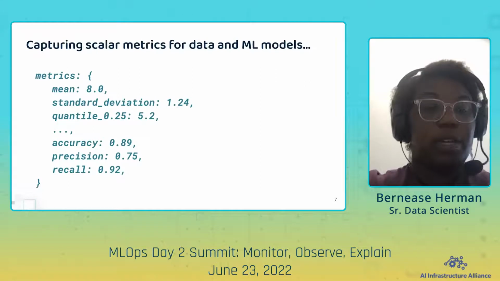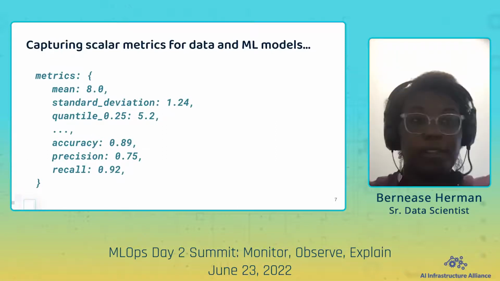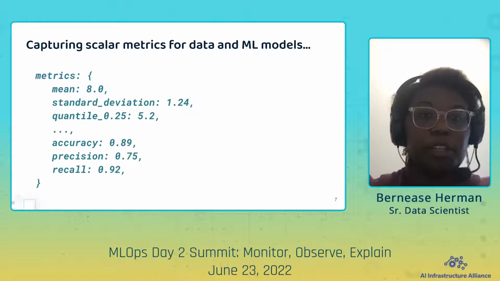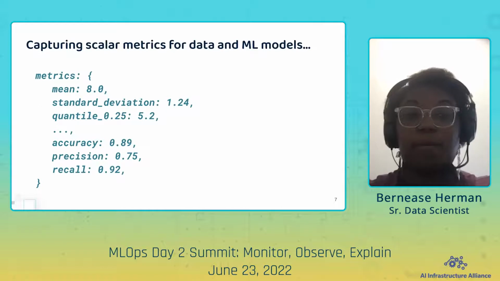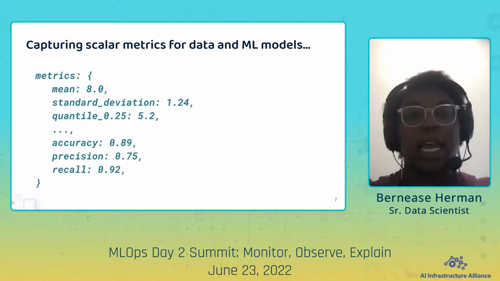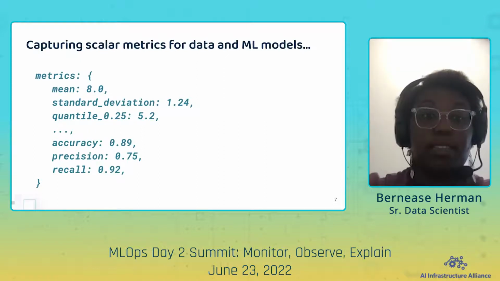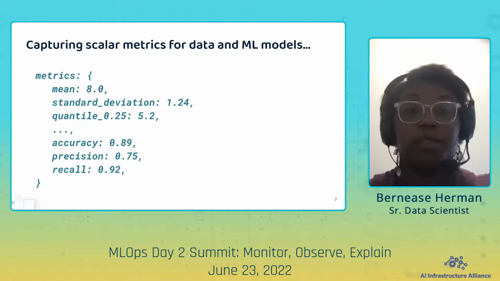Okay, so capturing scalar metrics for data and machine learning models. This is often the process that people go through to capture insights from large amounts of data. And this may happen in different locations in your pipeline. For example, at WhyLabs, we have this inside of our open source whylogs project, but other people may do this in other places.